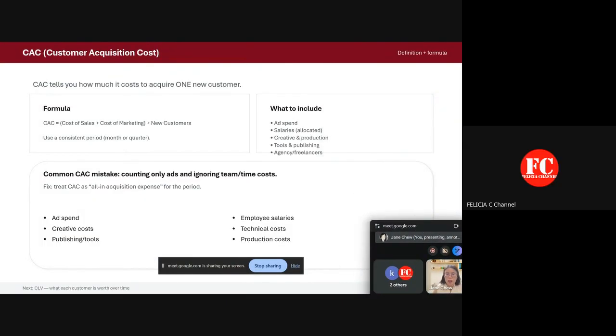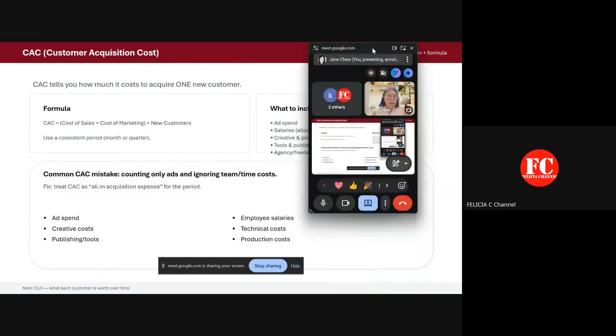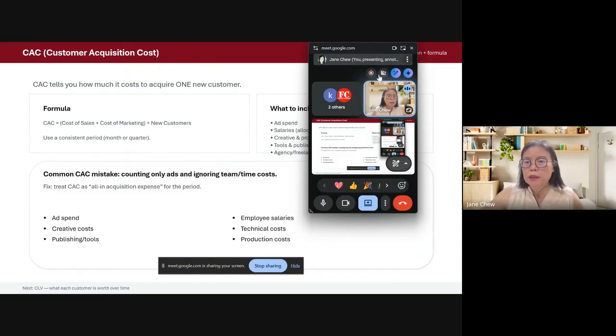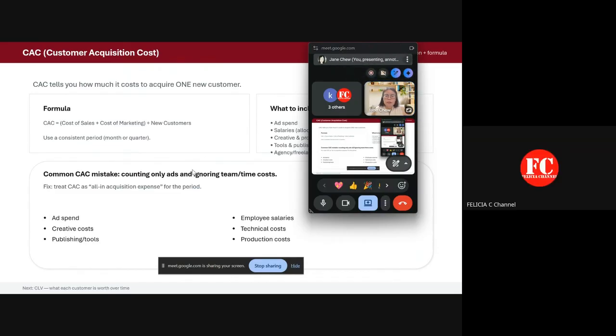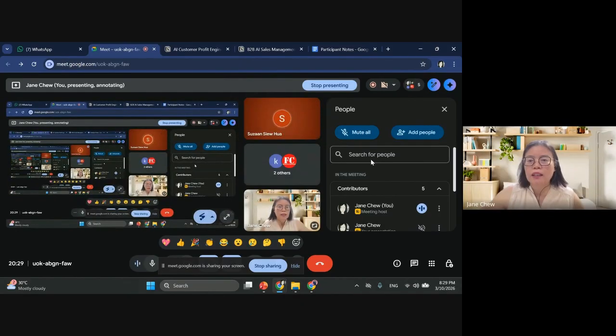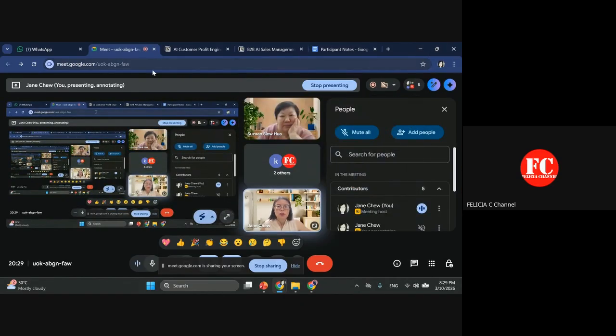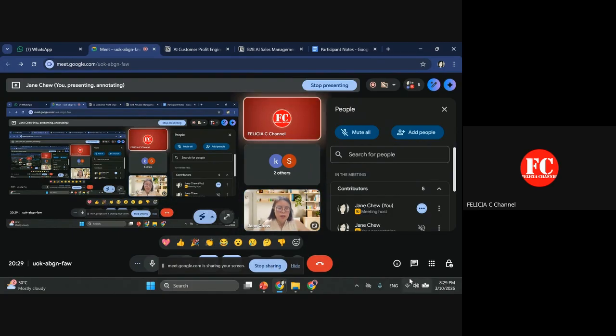Your friend's line is off. She's not here. The line is not stable. Okay, she joined. Hi. Sorry. No worries. For the screen to be enlarged, you can use your finger to enlarge it.